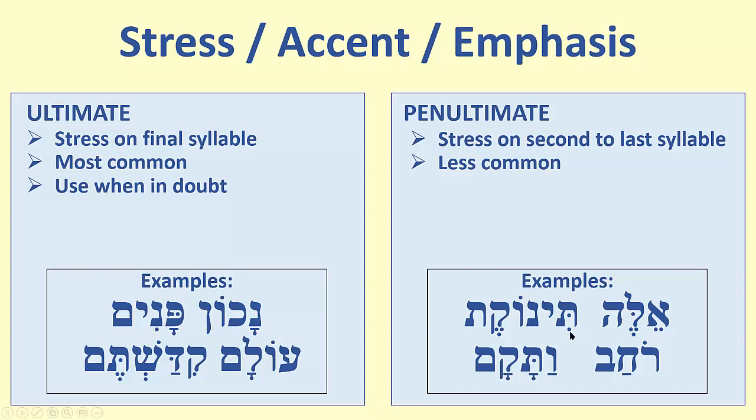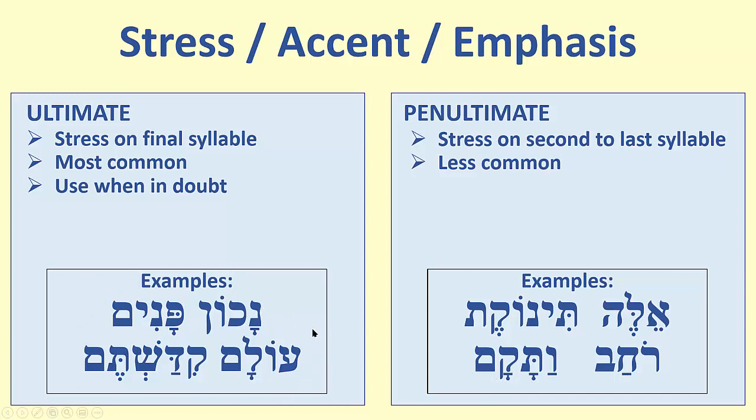The next word is tinoket, with the stress on no, tinoket. Here we have rochav. And here we actually have a kamatz katan showing up right there, so we know this is a closed, unaccented syllable. The accent actually will go right here. Vatakom.